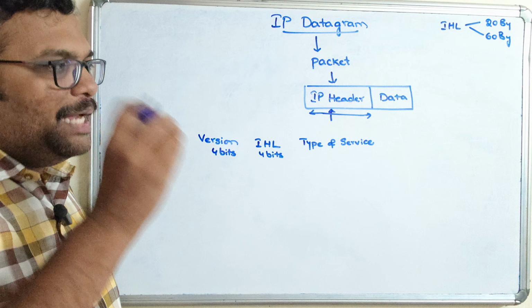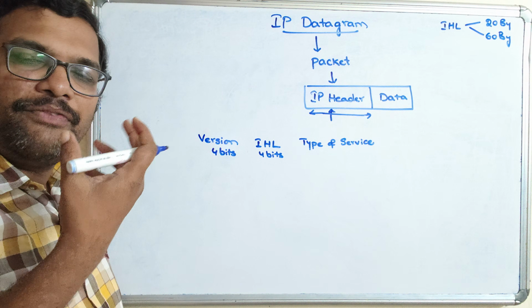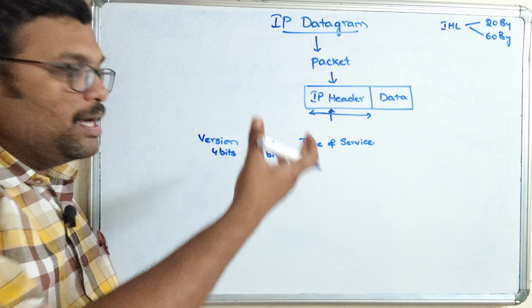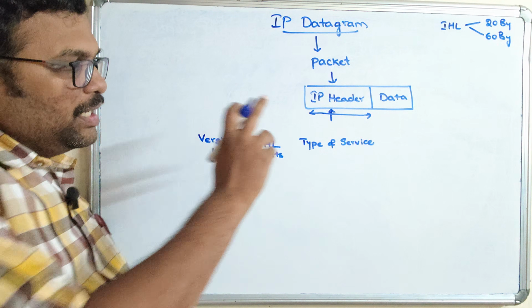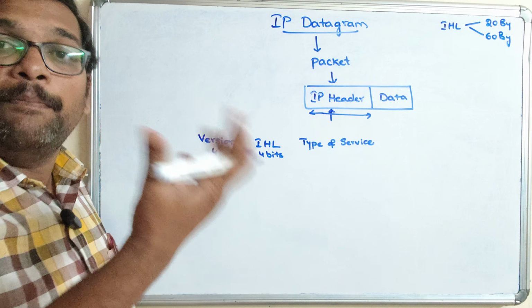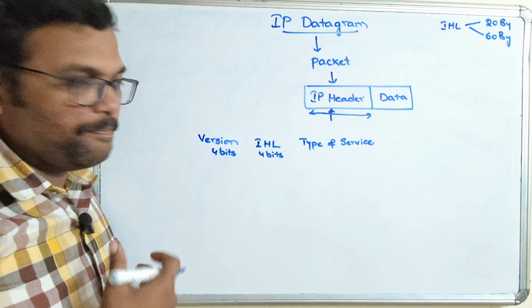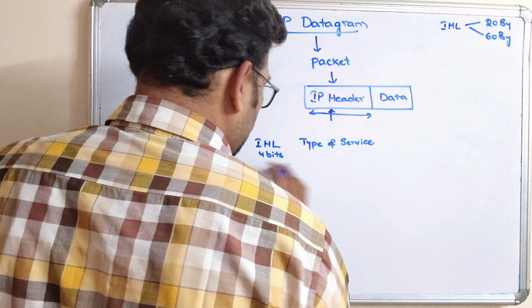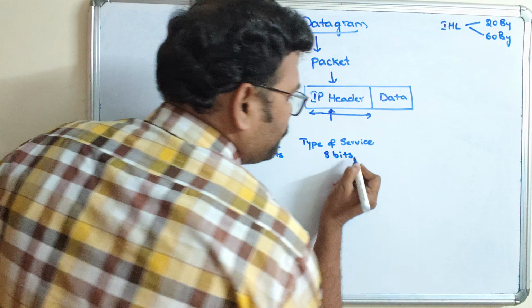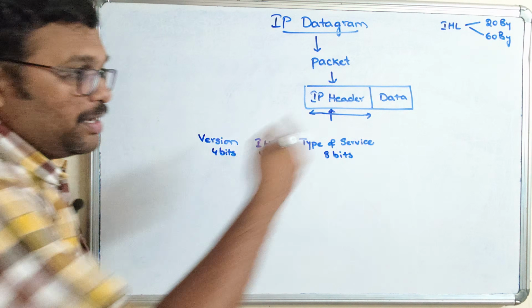Based upon different types of applications, the service parameters will be different. So this type of service indicates the quality of service, depending upon the application which we are forwarding. To represent this type of service, it requires 8 bits.